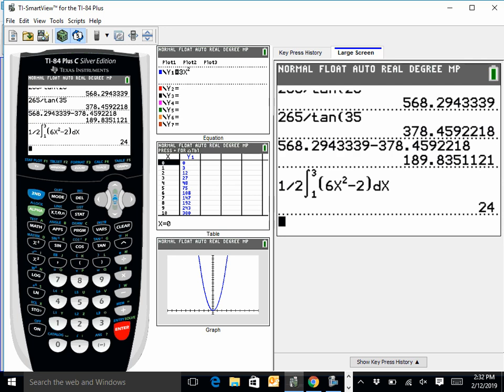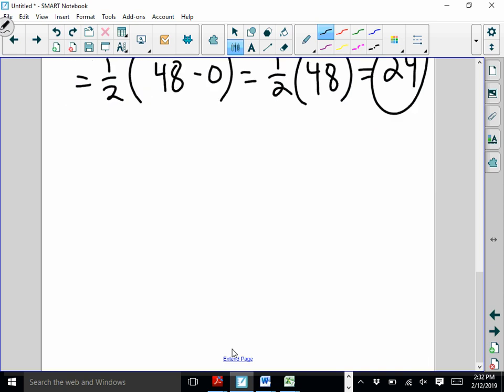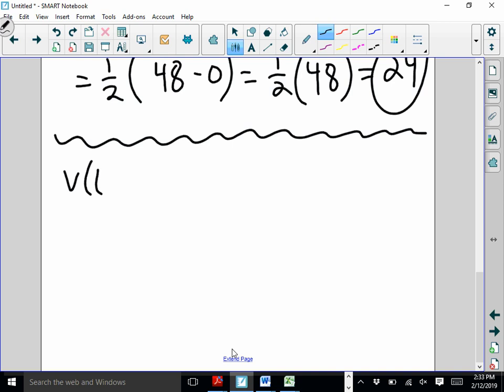Okay, the only other thing that we have to think about a little bit while we're doing these problems is what would the units be for this? So let me write you another example that uses units. A function's velocity is measured by v of t equals 3 sine t, and let's say velocity is measured in meters per second.